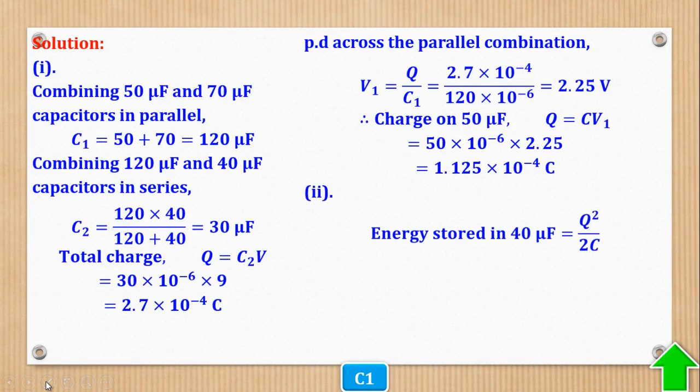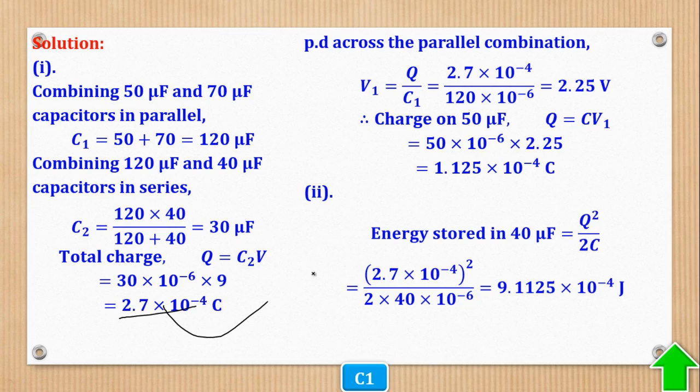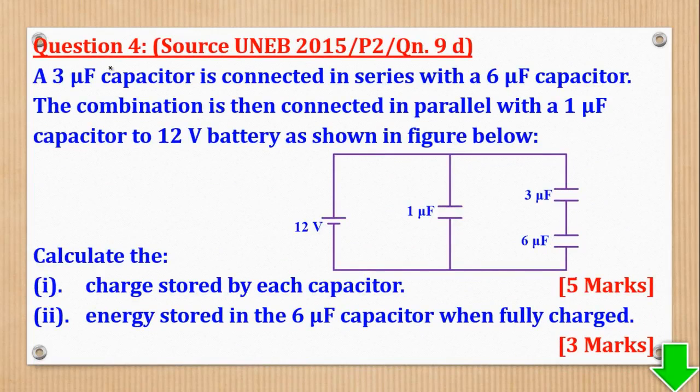So energy stored is given by that formula. You substitute for Q, which is the total charge, and we got it here. Then the capacitance, which is the 40 microfarad, we convert to farad, and using the calculator, we come up with this as the energy stored. And that's what they wanted. So that was question 3.